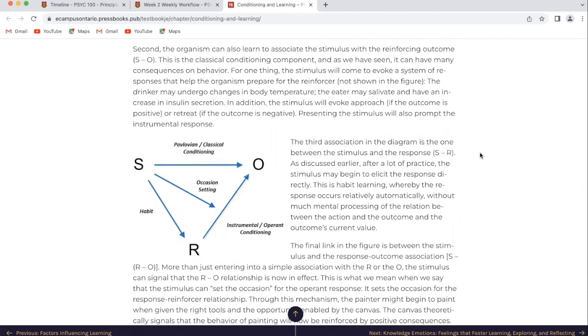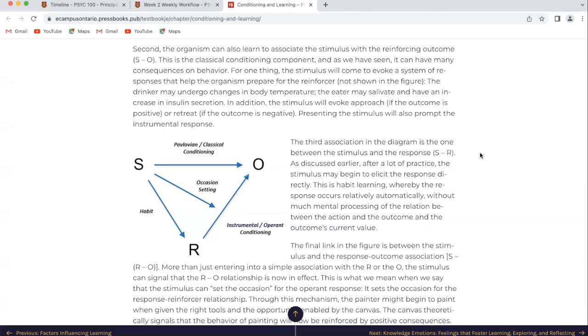For one thing, the stimulus will come to evoke a system of responses that help the organism prepare for the reinforcer, not shown in the figure. The drinker may undergo changes in body temperature. The eater may salivate and have an increase in insulin secretion. In addition, the stimulus will evoke approach if the outcome is positive, or retreat if the outcome is negative. Presenting the stimulus will also prompt the instrumental response.